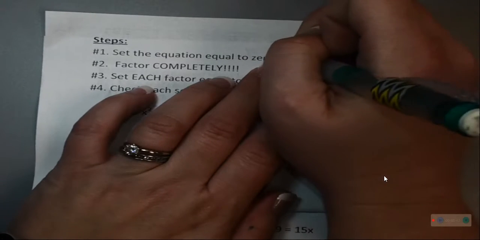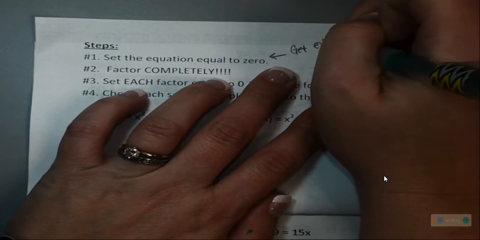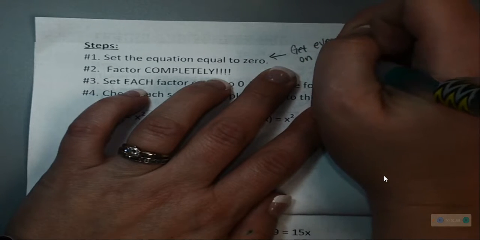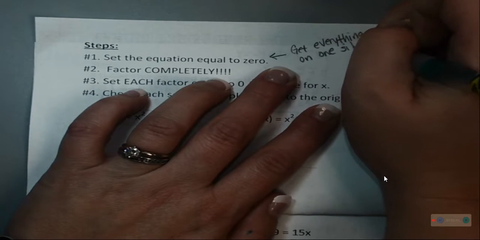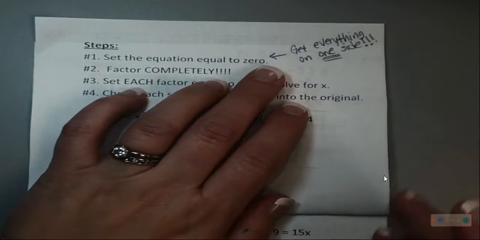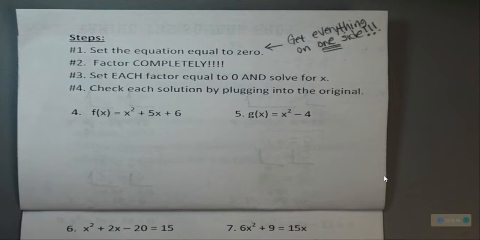So I want you to write this: get everything on one side. Because if you don't get all of the terms on one side and in standard form, factoring's not going to work because you're not going to be looking at what you need.